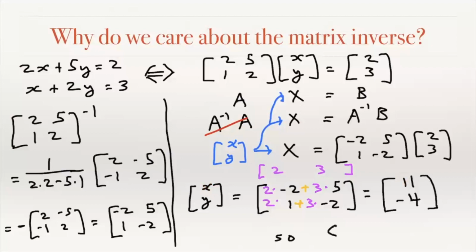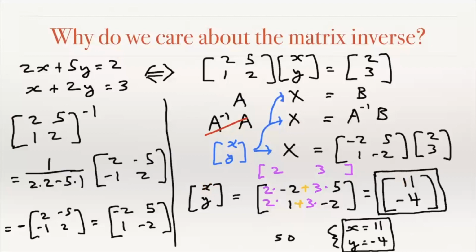So what we have found is that x equals 11 and y equals negative 4 is the solution to the system of linear equations that we began with over here. And you can plug in and verify. Indeed, 22 minus 20 is 2, and 11 minus 8 is 3.